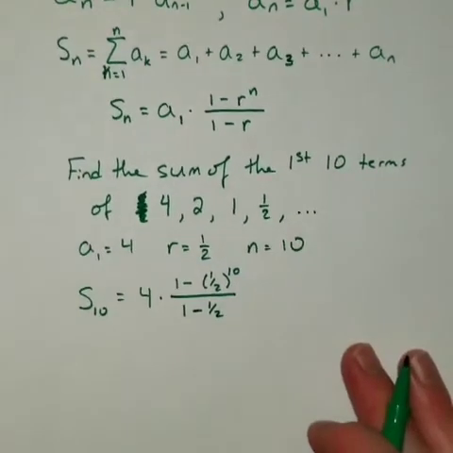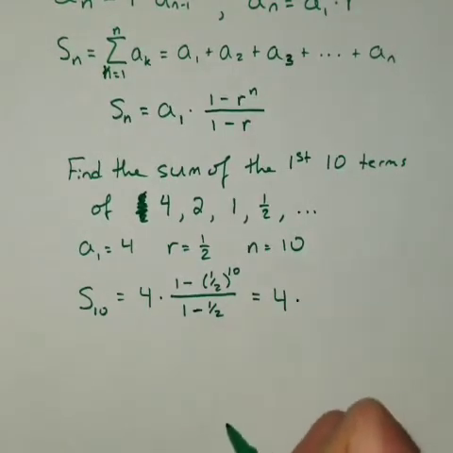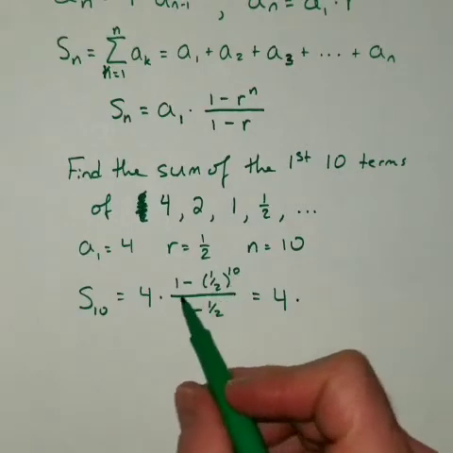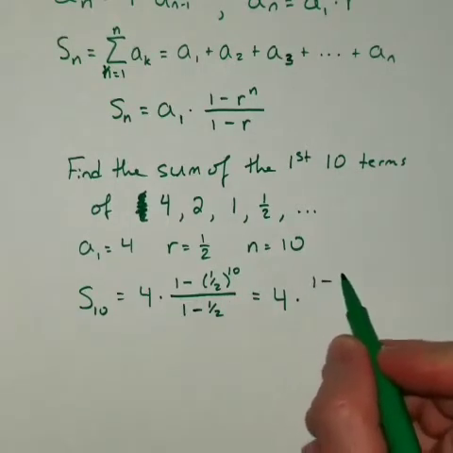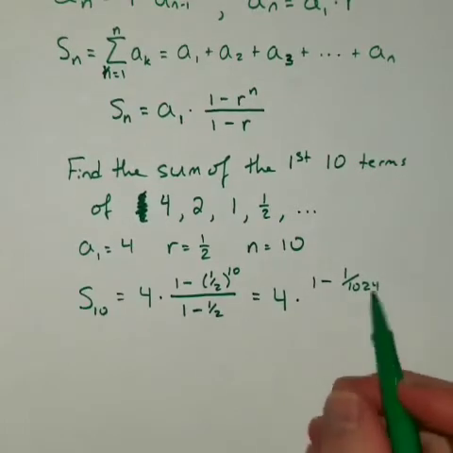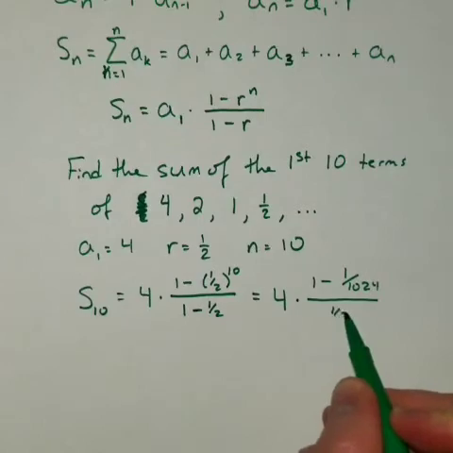Now if I go through and simplify this, it is a little bit ugly. First of all, 1/2 to the 10th power: 2 to the 10th is 1024. And so this is 1 minus 1 over 1024. And on the bottom, 1 minus 1/2 is 1/2.